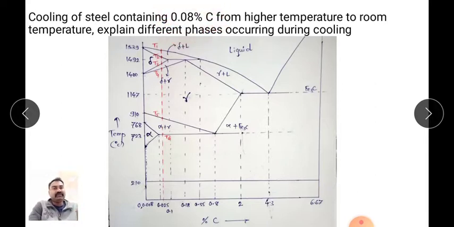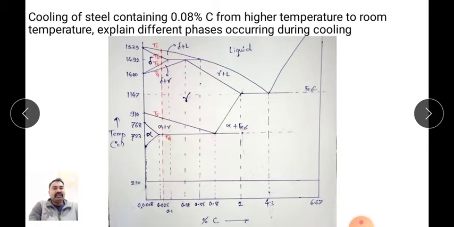That's why we will drop one vertical line perpendicular to the x-axis, shown by the red dotted line. That red line passes through the point on the x-axis showing 0.08% carbon, somewhere here.